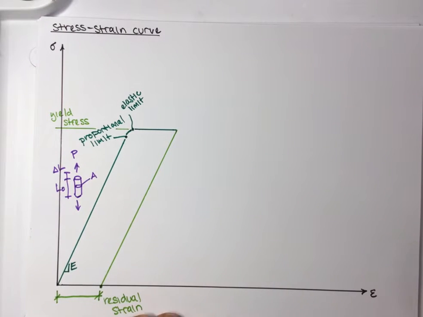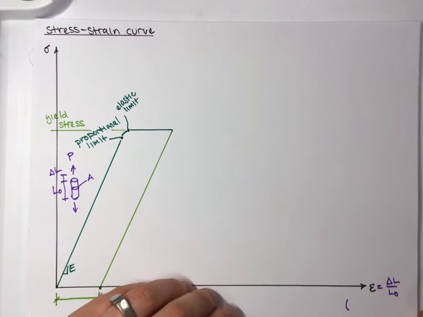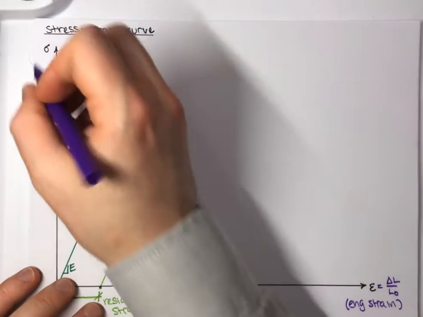So now I can actually go back. I should have done this to begin with, so I apologize. These are our axes. So epsilon here, we've defined this as delta L over L0. That's what we've done in the past. And I'm going to say that now we can talk about it in a little bit more detail. This is what we call the engineering strain. And it's based on the original length of the material. That's important.